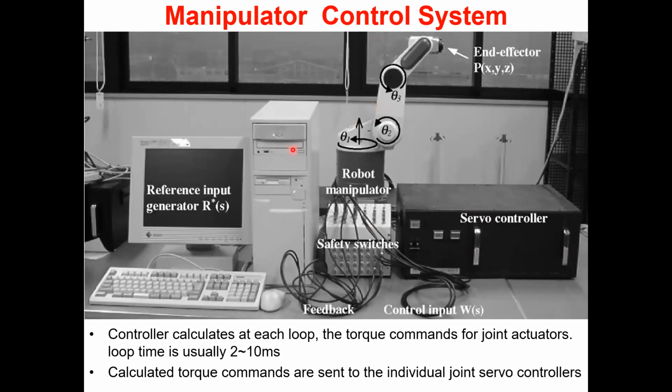So whenever you do this kind of research, sometimes things go wrong, and your trajectory planning algorithm or your controller doesn't work the way you expect it to. Sometimes serious vibrations happen, sometimes joints stop moving at all. In such situations, you have access to these safety switches.